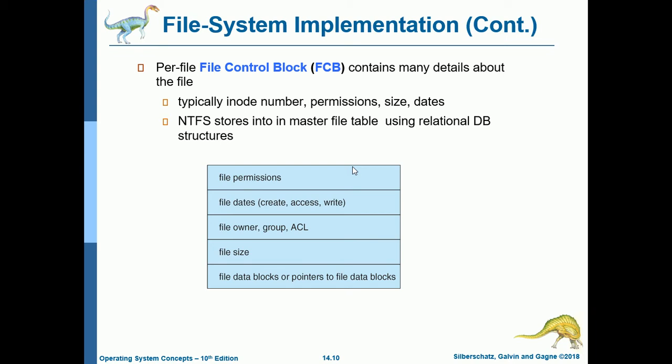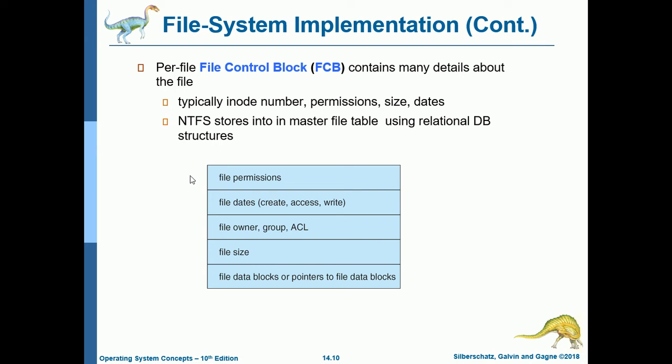So next we have the per-file control block, or FCB, which contains many details about the file, typically inode number, permissions, size, and dates. And for NTFS, it is stored in the master file table using relational DB structures. We can already see this if you've seen the last chapter.